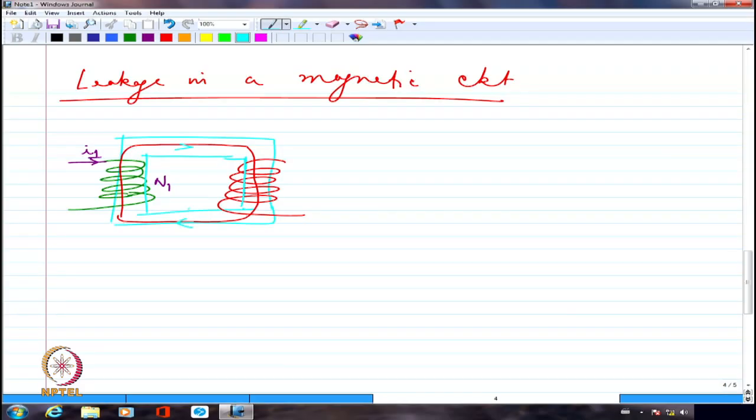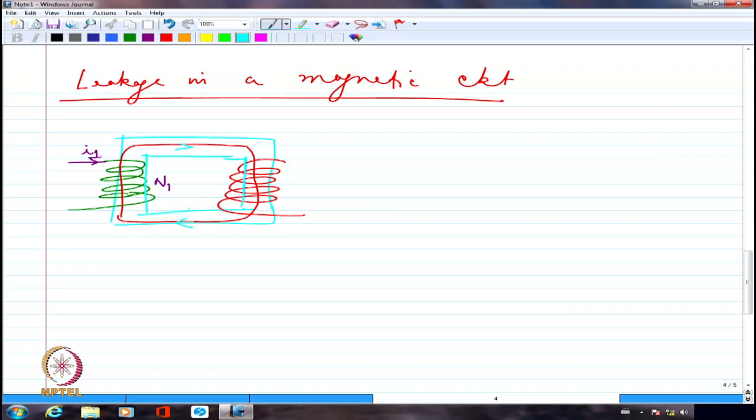But let us say there are some 10,000 magnetic field lines that have been produced. Although the ratio of the air gap reluctance to the reluctance of the iron core is about 4,000, I will still have maybe 2-3 lines at least escaping and following the path of the air gap.